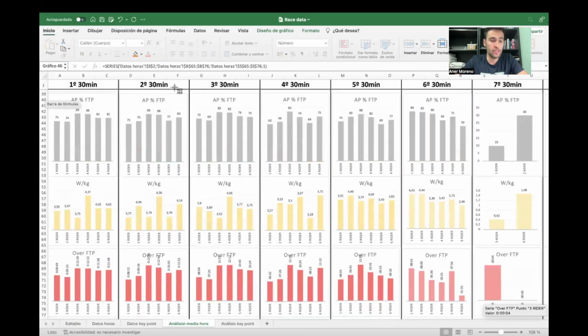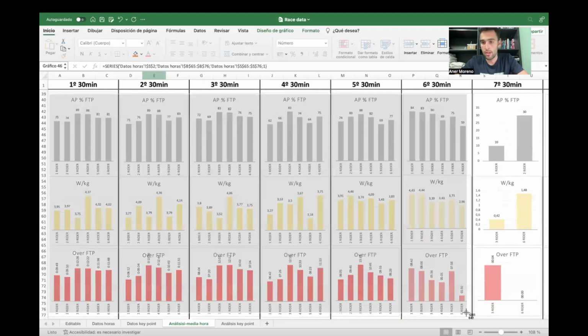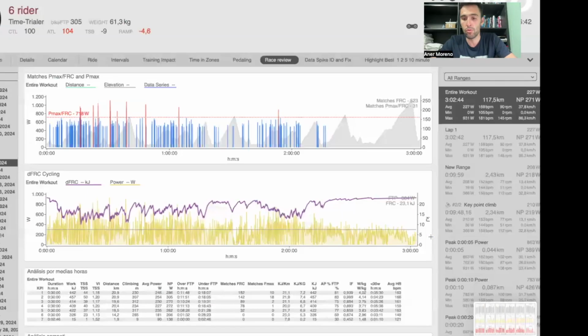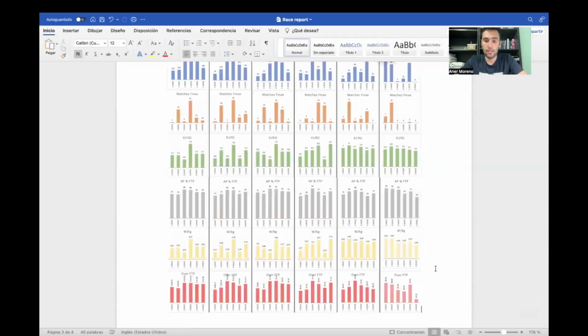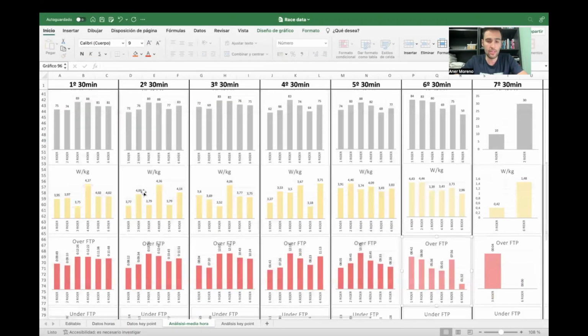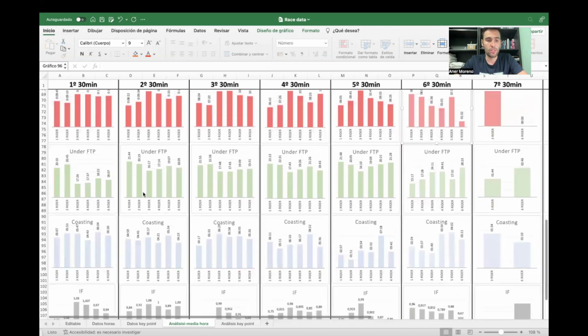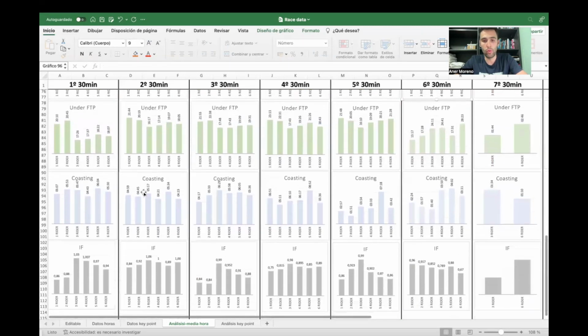We can make the screenshot of every graphic. This is valuable information for the sport director who has been in the race. You cannot be there, but you can make this analysis for the sport director who is working directly with the riders.